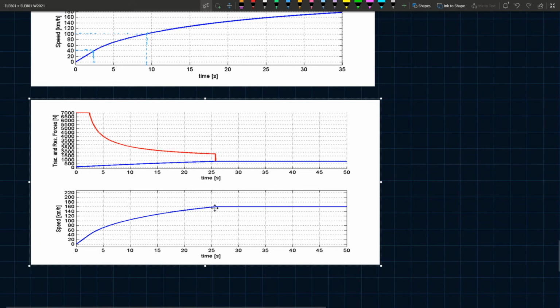But let's say you go up to 160 and you say, okay, I want to go to 160, and you press the accelerator just enough to be at 160. You've basically given the command to the vehicle, which will translate that through whatever means. We'll see a bunch of different methods as to how you can control the force and the torque and the speed of the vehicle.